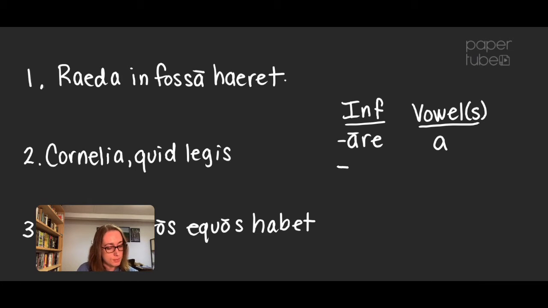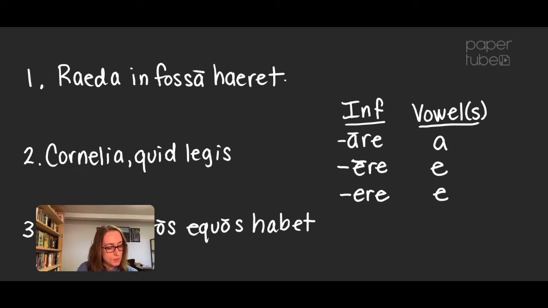If a verb is second conjugation or has an -ERE with a long mark, that's a macron, then the vowel that will come before the imperfect ending will be an E. If the verb is a third conjugation verb, or in the infinitive it has an -ERE with no long mark, then the vowel that will come before the imperfect ending is an E, except for third -IO verbs, but we'll deal with that later.